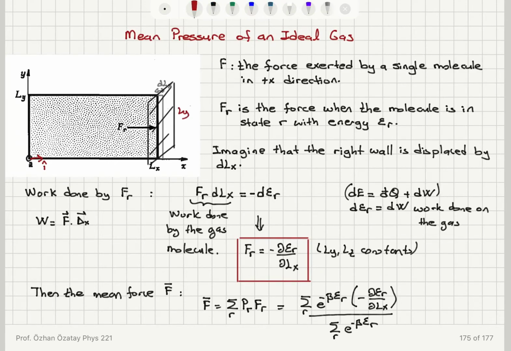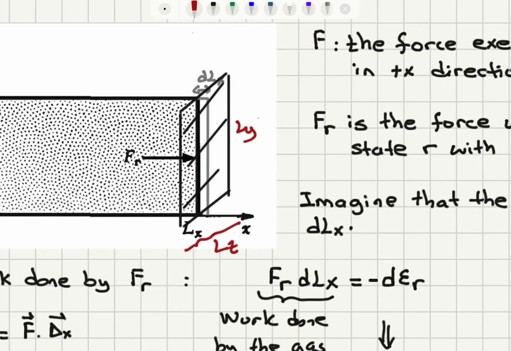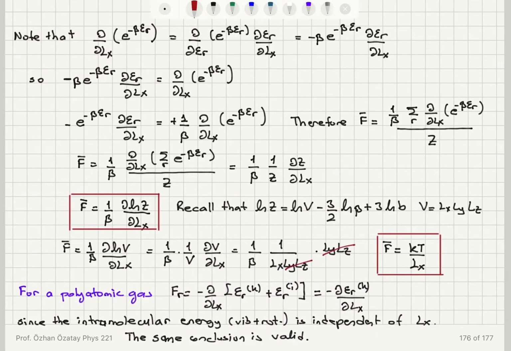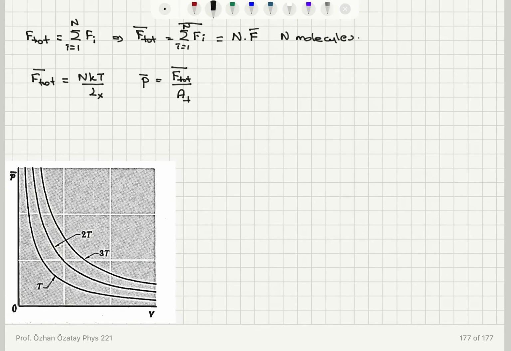This part is Ly, this part is Lz, so Ly Lz would be the area. It's the perpendicular area that the molecules hitting on the right hand side will see. So if I substitute that here, this is NkT over Ly Lz times Lx.